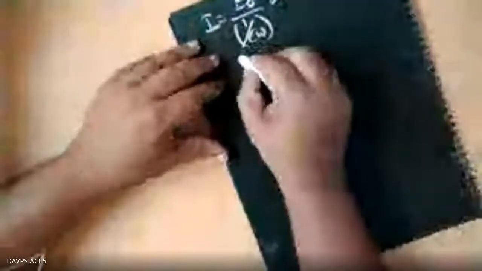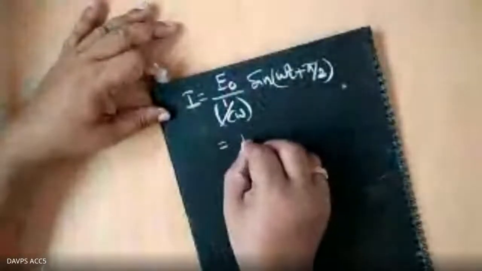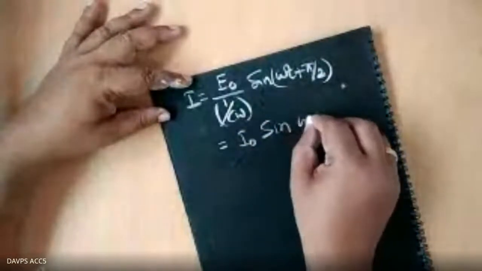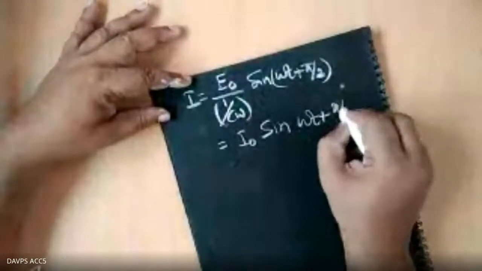This is in the form of I equal to I naught sine omega t, where in place of I naught the term is here.